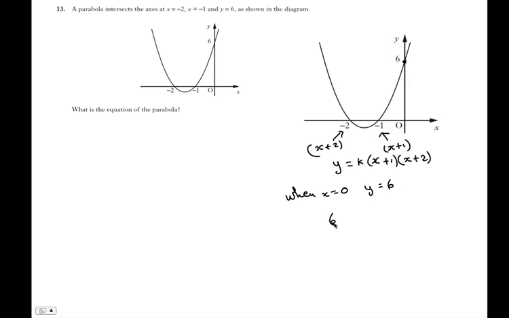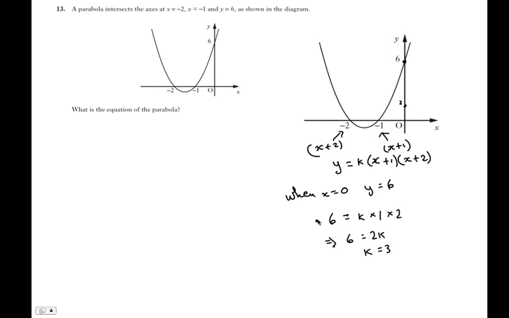So we get 6, the scaling factor, times, when x is 0, this is 1, and this is 2. So we now have 6 being 2 times k. In other words, k is 3. So the scaling factor was 3, which made sense. When k was 1, remember we had a height of 2. This is 3 times that height.